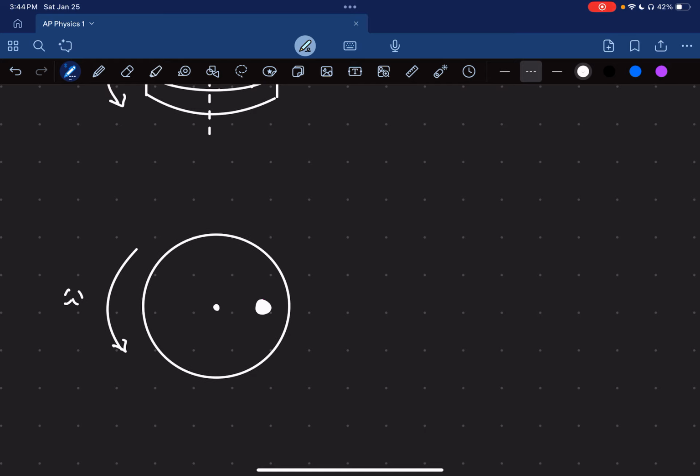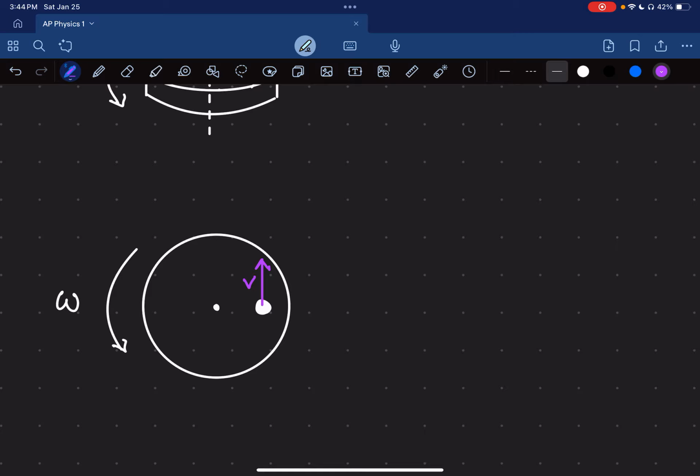It's got angular speed omega, so it is rotating around here. As it's spinning this way at this particular moment, this coin has a linear velocity or a linear speed, which we will call v.